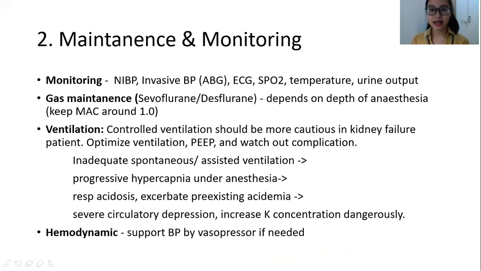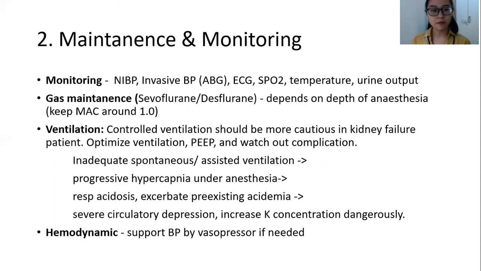Well, for maintenance and monitoring, we would like to use sevoflurane for gas maintenance and keep the MAC around 1.0, and it has to depend on the depth of the anesthesia also. Ventilation needs more caution in this particular patient.